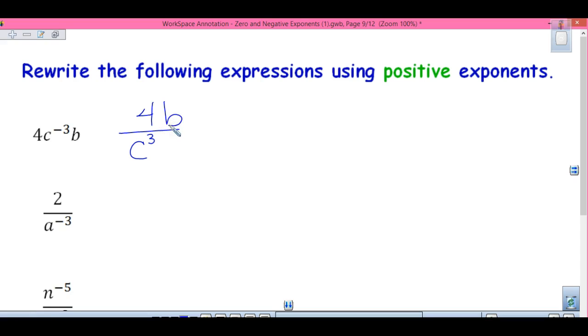So he stays put. We don't want to move positive, people. Okay, now this 2, does he stay put or does he go somewhere? Stays put. What happens to my a to the negative 3? He goes to the top, so he's going to be 2 a to the 3rd. Yep.